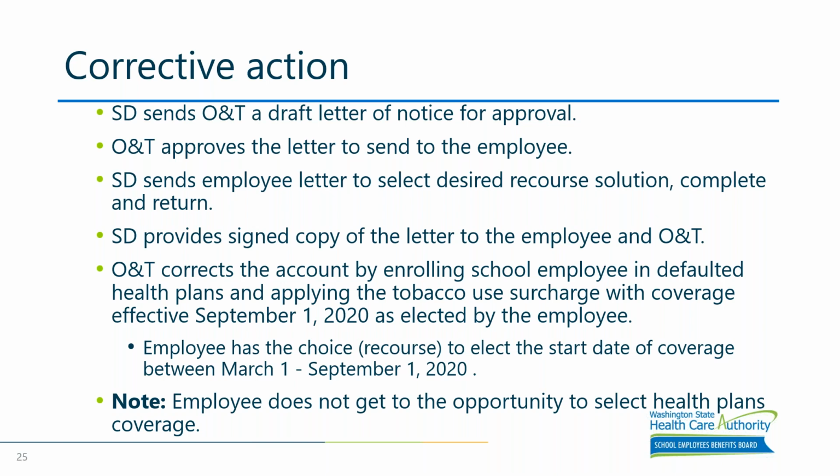So in this scenario, instead of retroactive coverage back to March 1st, that employee chose September 1st. There might be a situation where the employee wanted health benefits starting March 1st, and they can have their health care benefits start back at March 1st.